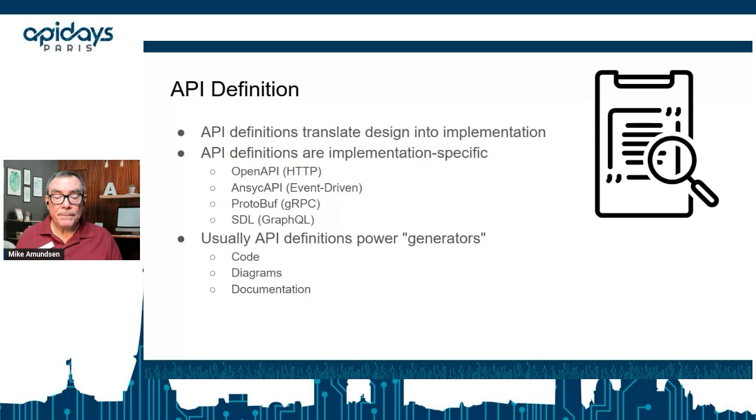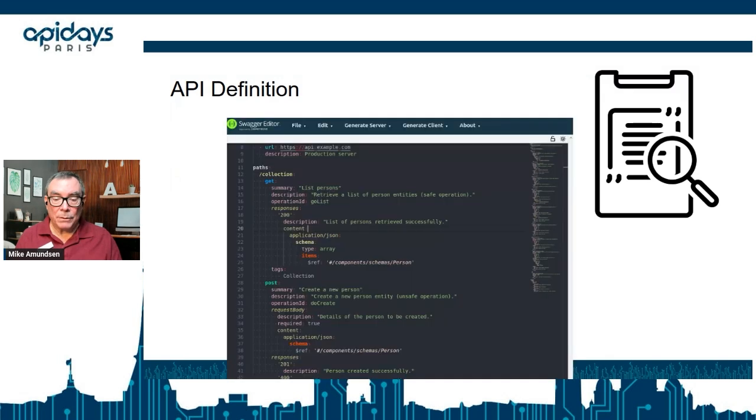They're quite handy. API definitions are often referred to as generators. You can generate code from a definition. You can generate diagrams from a definition. You can often generate documentation from a definition. This is really not possible with description languages, but it's always possible with definition languages. So here's a good example in the Swagger editor of the OpenAPI document for this same person service that we've been looking at all this time.